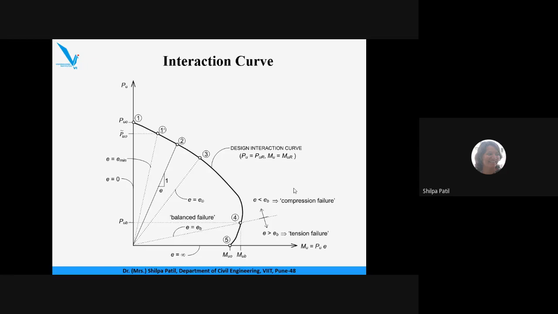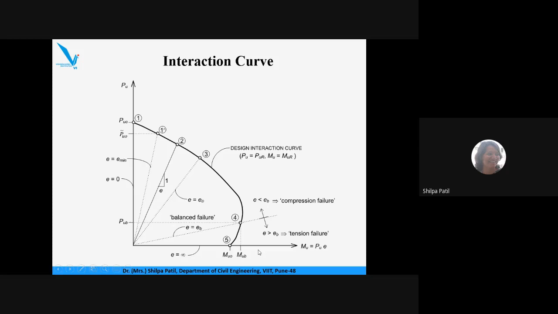Now, it has already been found through experiment that the behavior of a column depends upon the axial force acting on it and the moment acting on the entire column. It is also observed that when Pu, the axial force, has a higher magnitude, the corresponding moment will be of lower magnitude.